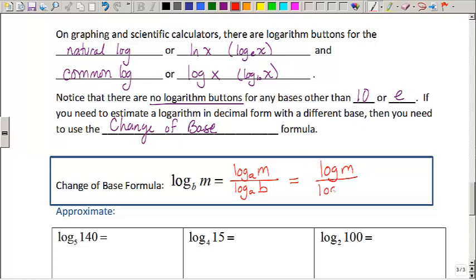a common log you could choose is the common log. So we have log base invisible 10 of M divided by log base invisible 10 of B. This is a good choice because we have a common log button on the calculator. We also have the natural log, so I could take ln of M divided by ln of B. So we could choose any other base we want.